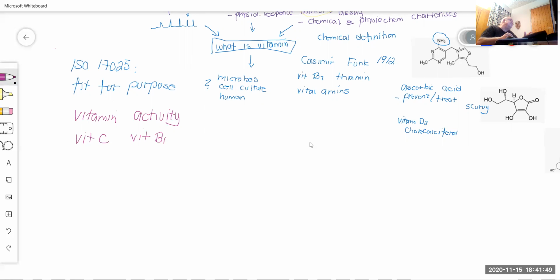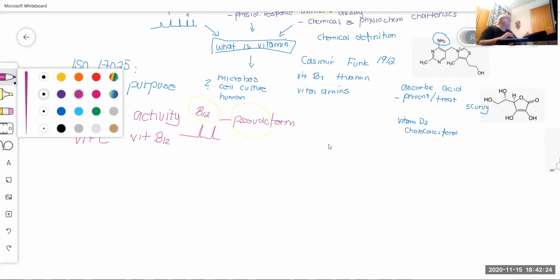Let's say vitamin B12. We actually have a chromatographic system. We can measure two different compounds. This is now the B12, and this is a pseudo form. Both these compounds, B12 and its pseudo form, are used by lactic acid bacteria, but not by humans.